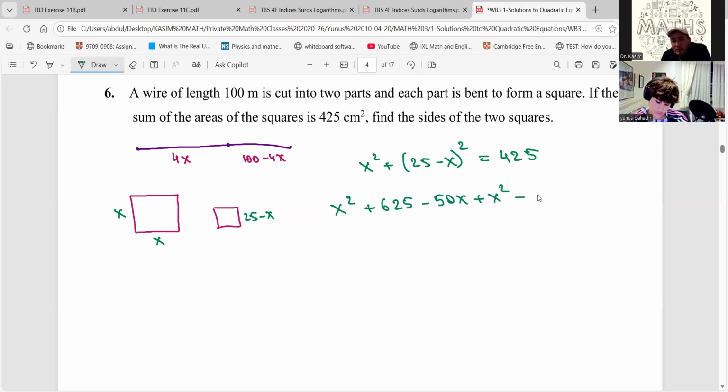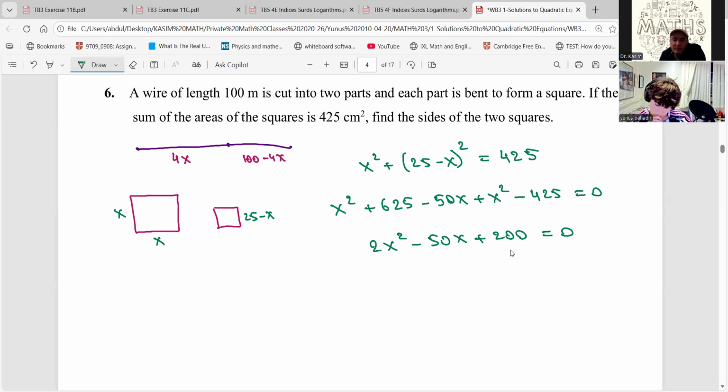I'm going to write in standard form and move this number to the right hand side. I need to have 0 on the right hand side. If you simplify, I have 2x squared, negative 50x, and 200. That's equal to 0.